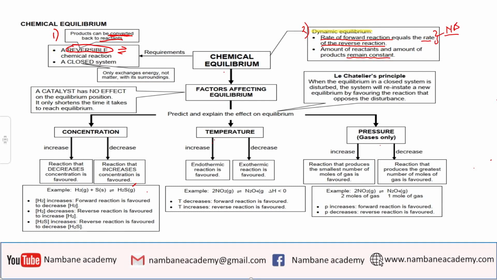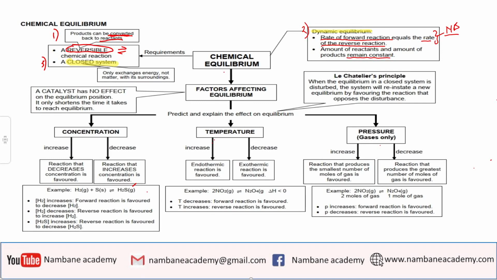The other one is a closed system. A closed system is a system that only exchanges energy, not matter, with its surroundings. So that is another important definition that one must know: closed system.